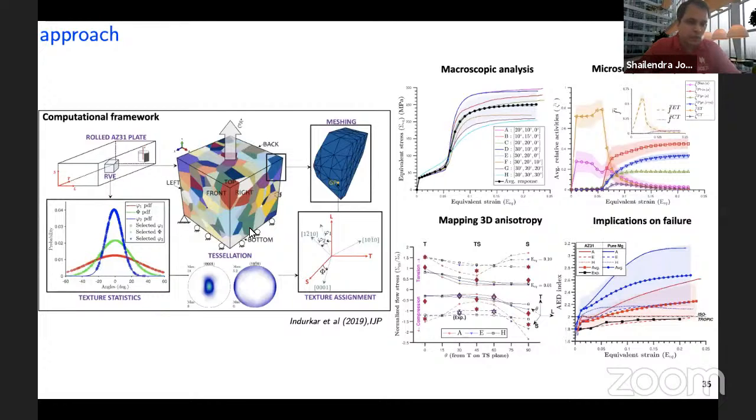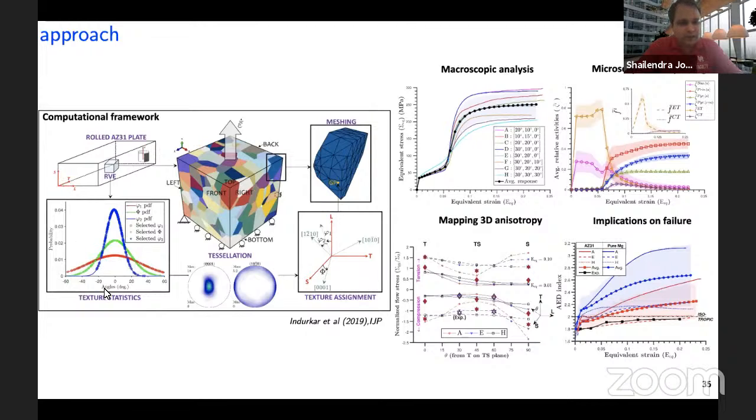We take a statistical volume element of polycrystals, with explicit representation. Imagine that to be an RVE from a rolled plate with orientations that are given by the roll direction, the transverse to the rolling direction, and the normal to the rolling plane, L, T, and S respectively.